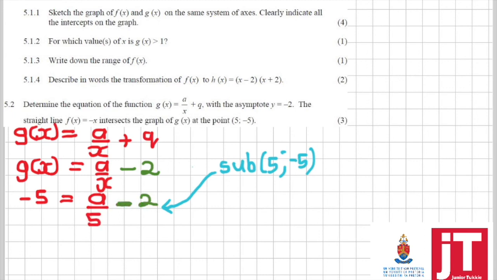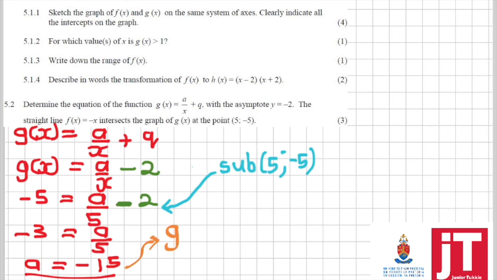We're trying to solve for a, so we move the negative 2 across. We remain with minus 3 equals a over 5. Therefore, we get an a value of negative 15. In conclusion, the equation can be written as g of x equals negative 15 over x minus 2.